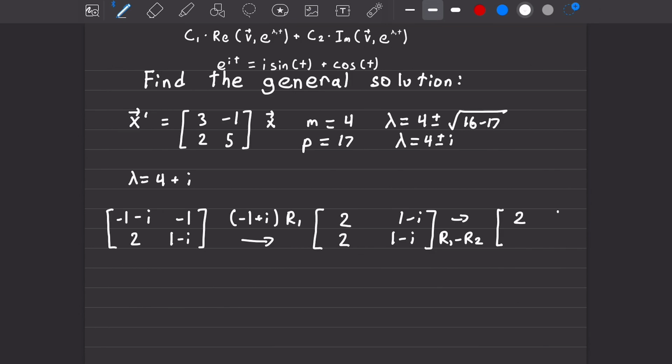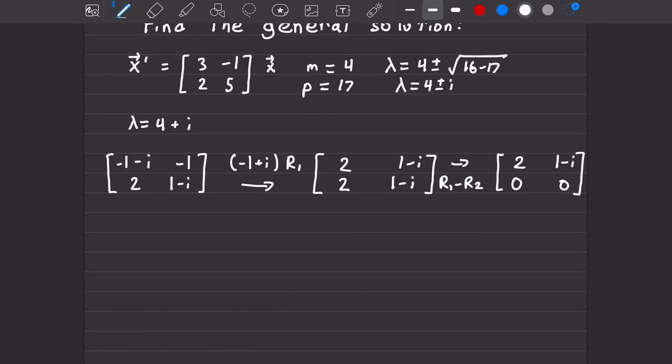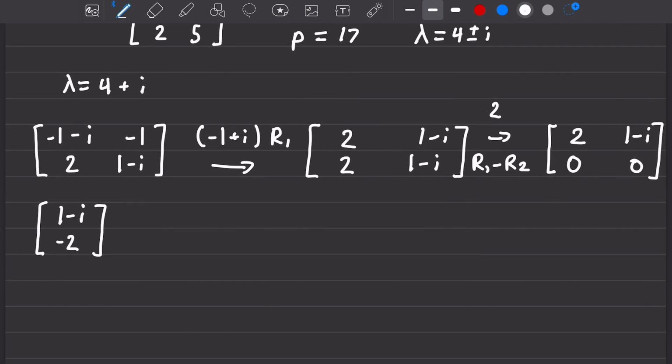These can get a little tricky, but if you know how to find your complex conjugate, these problems are not bad at all. So finally, we have our eigenvector, and I'm going to say this is going to be 1 minus i, and then our bottom is going to be negative 2. Essentially the way I solve that is if we set this up as an equation, we have 2x plus (1 minus i)y is equal to 0, right?